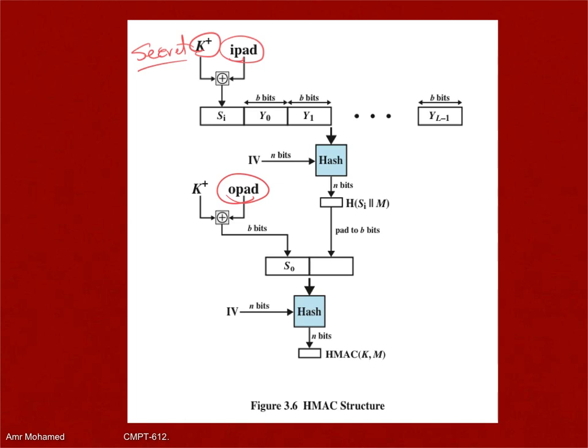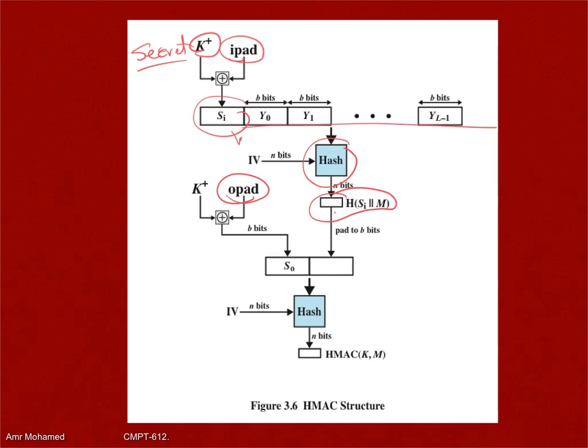Okay, so it takes half of it, and then appends that half to the message, and the message is in blocks. Then it applies the hash to produce the first part of the hash. So this hash is based on the message plus half of the key.